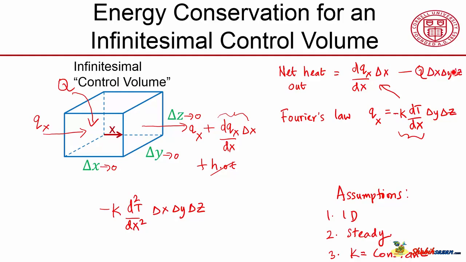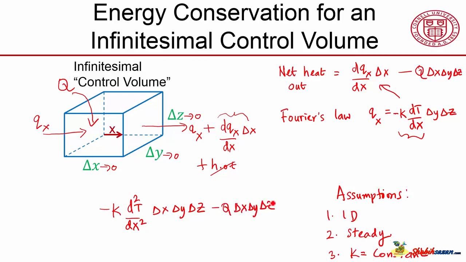One key thing to keep in mind is that this term accounts for what's coming in through the faces, while the other term, which I'll add in a moment, accounts for what's coming into the volume. One is related to the surface area, the other is related to the volume.